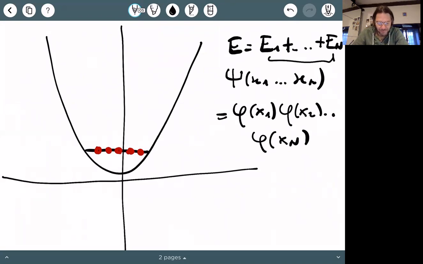Fine, no big surprise. If I take many balls and I put them into a jar, if I wait long enough, they start bouncing, and after a while they dissipate their energy by making noise and making friction with the air. Eventually they lose all the energy. They will be found in the ground state, where all the balls are at the bottom of the jar.